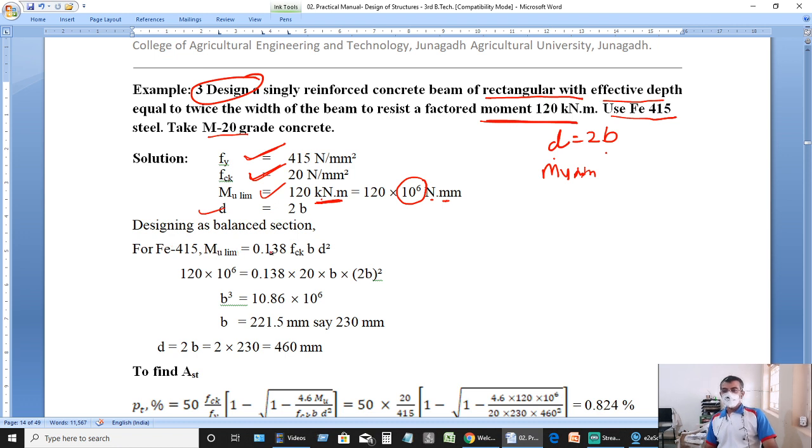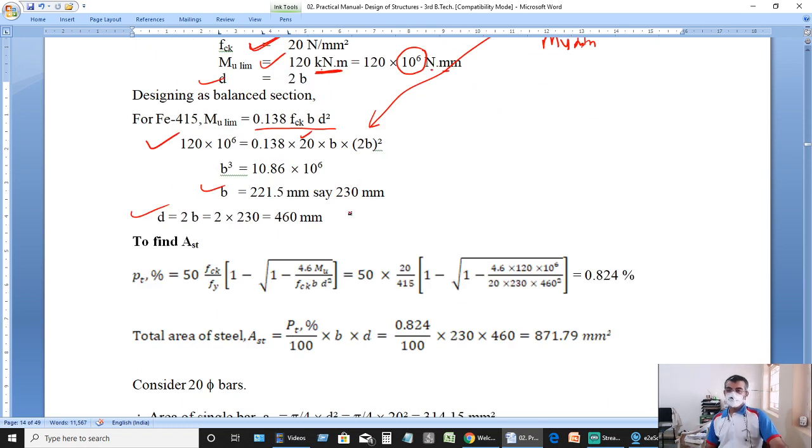So Mu limit is equal to, as you know, 0.138 FCK into b into d square. So put the value of Mu, put the FCK, b is equal to b, d is equal to 2b, right? And you find out the b, then you find out the d, because d is equal to 2b, that is 230.